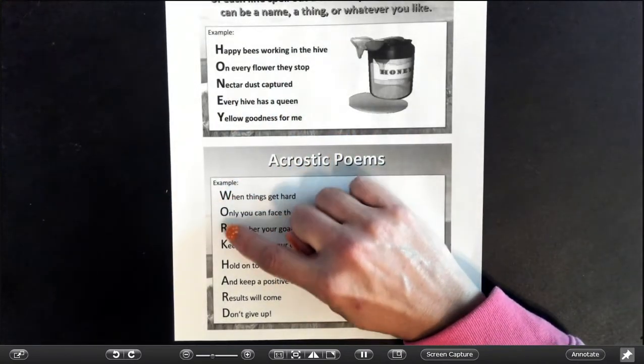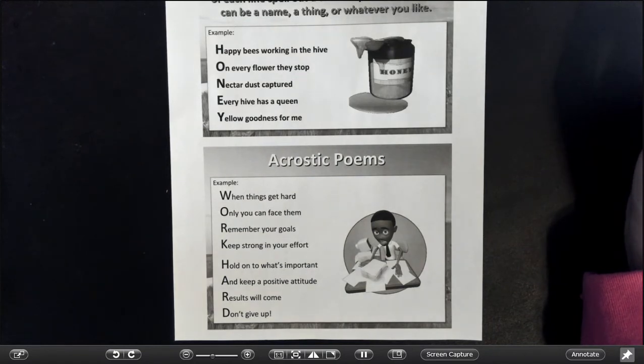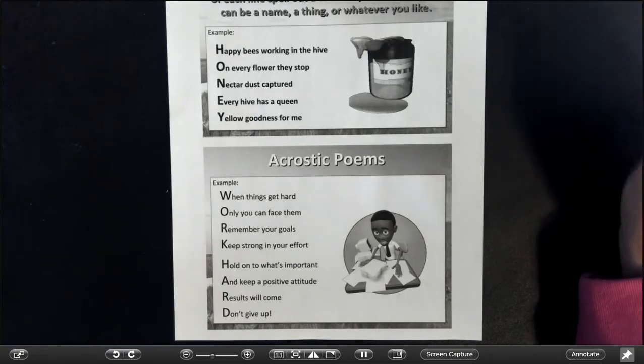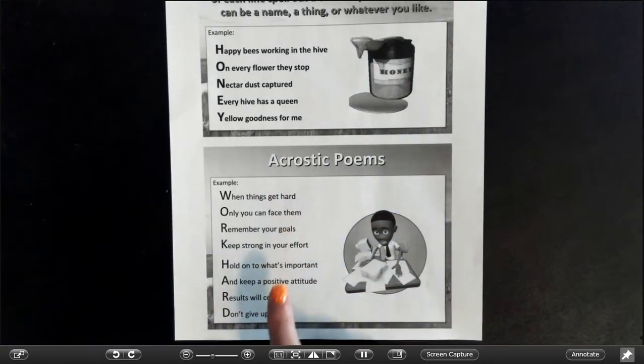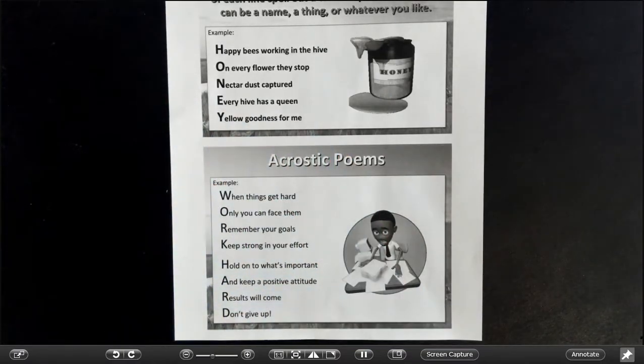Work, W-O-R-K. When things get hard, only you can face them. Remember your goals. Keep strong in your effort. Hold on to what's important and keep a positive attitude. Results will come. Don't give up. So each line that was written has to go back to the subject of work hard.